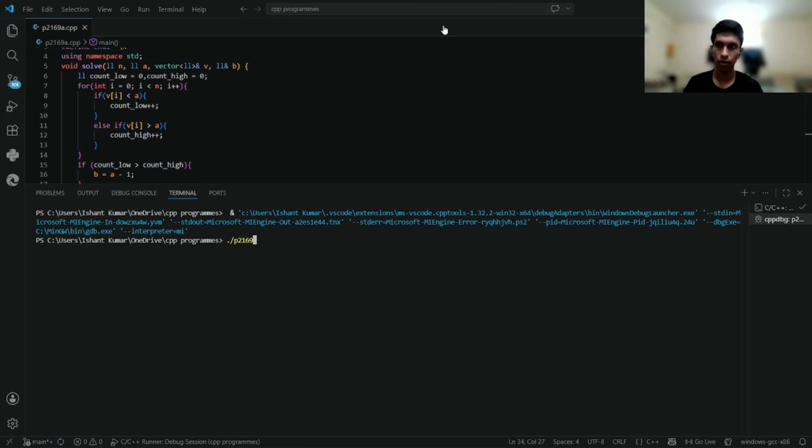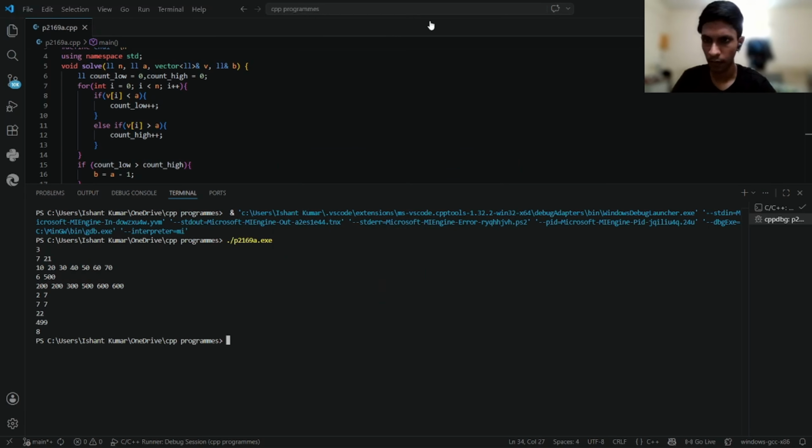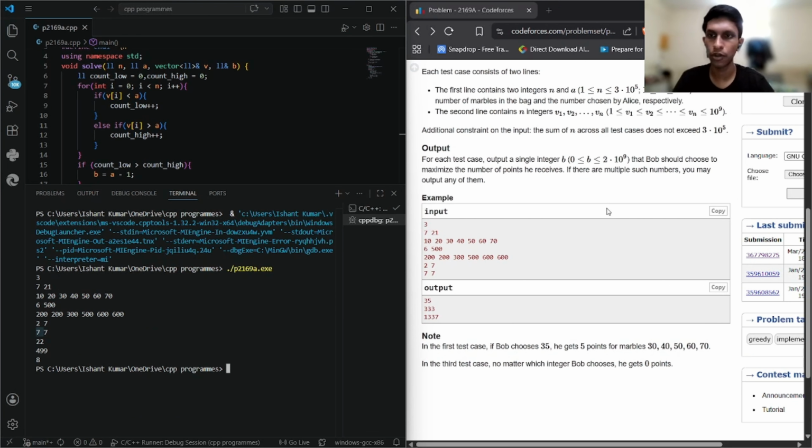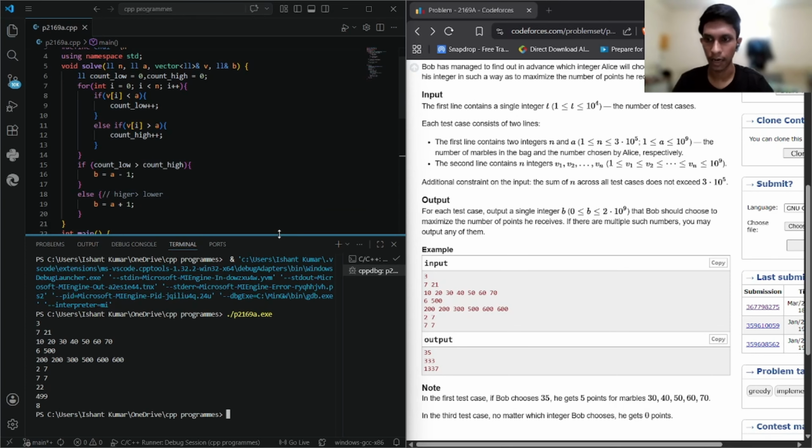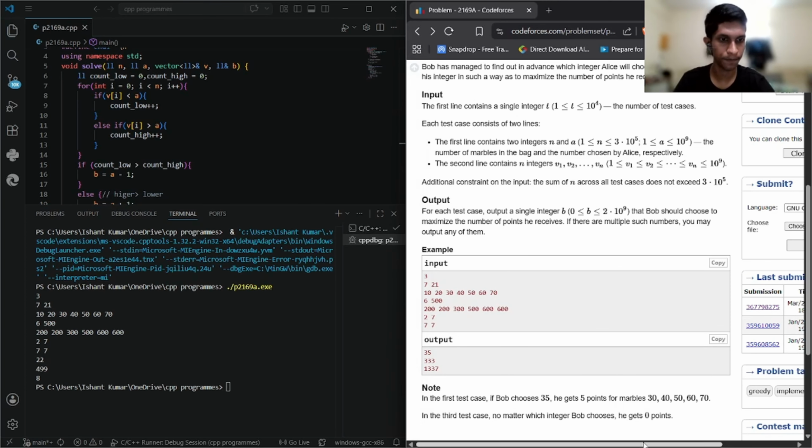It is problem number 2169A. As I had said earlier, the output is not fixed. As long as Bob is winning, our output should be correct.